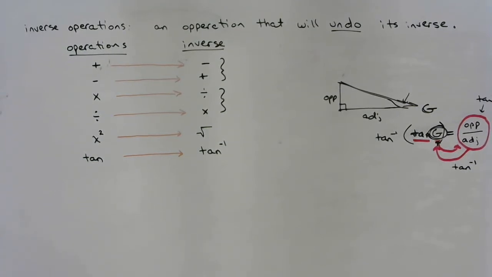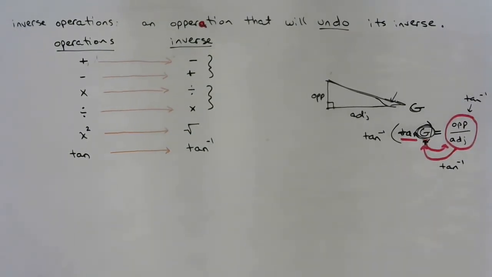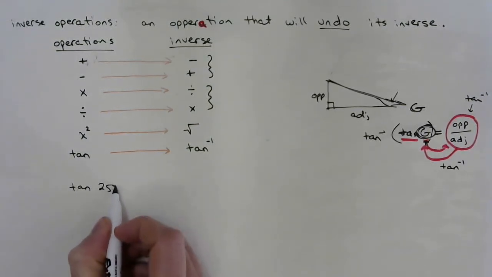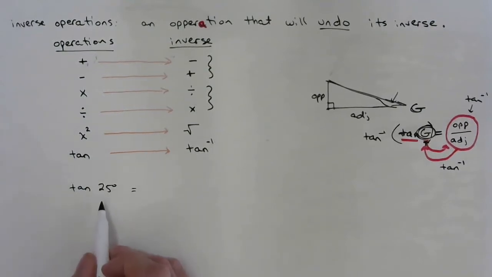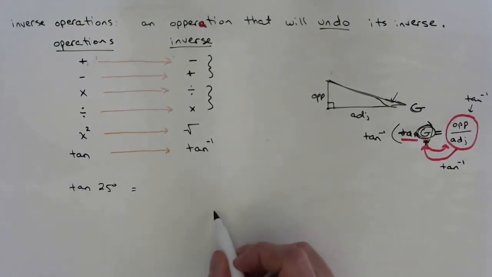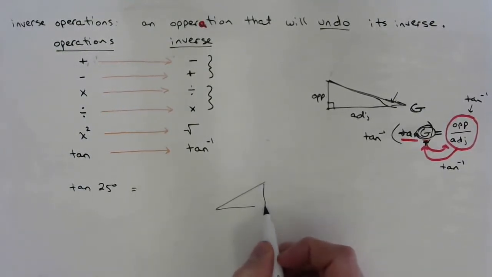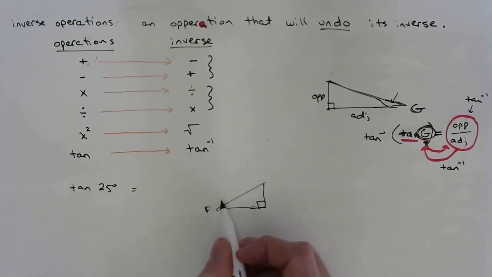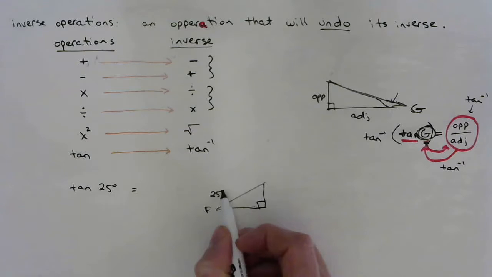If you look at example 2, look at what we did. In example 2, we took the tangent of 25 degrees. This is an angle measurement, which means you're looking at a right angle triangle from, let's just call it F, and you know F is 25 degrees.